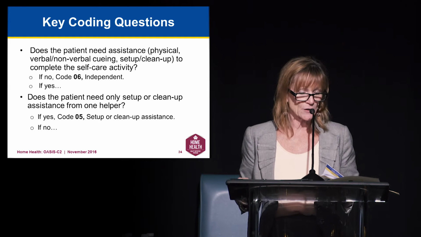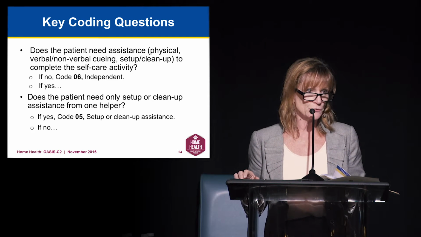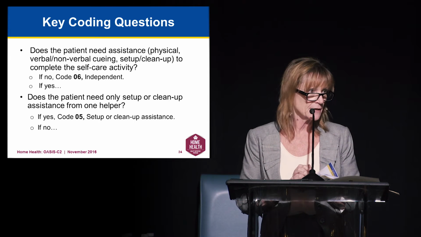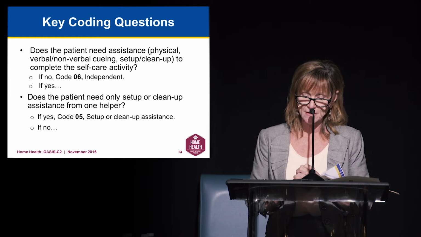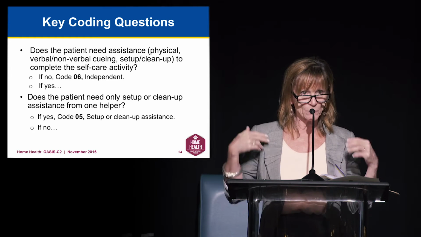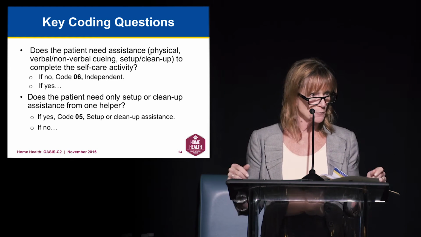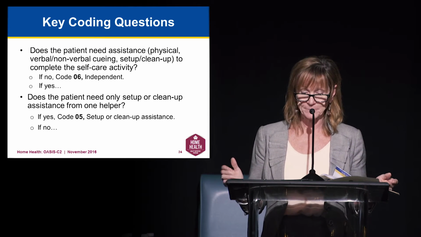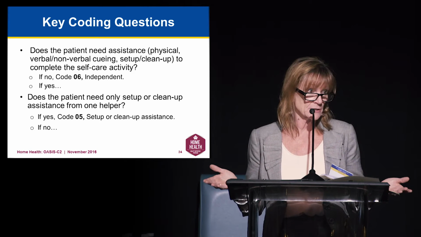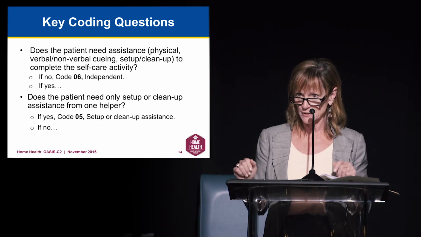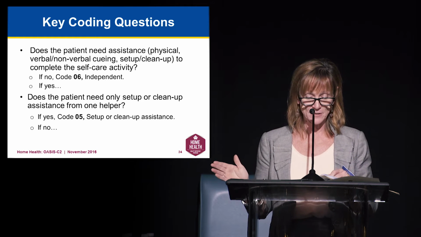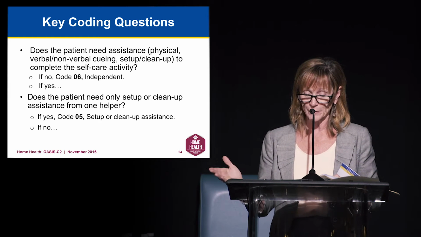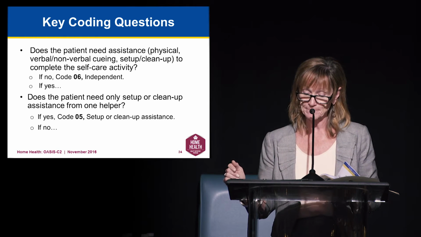So some of the key coding questions that you can use to help your clinicians, your nurses, decide how they are going to answer these questions. A good way to approach it would be, what questions could you ask yourself to help guide you in answering GG0170C accurately? So the first question is, does the patient need assistance? That would be the first line. And obviously, if the patient doesn't require any assistance at all, then this scoring would be 6 because they're independent.